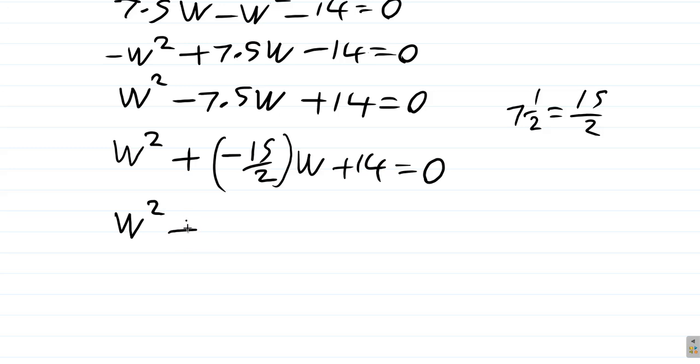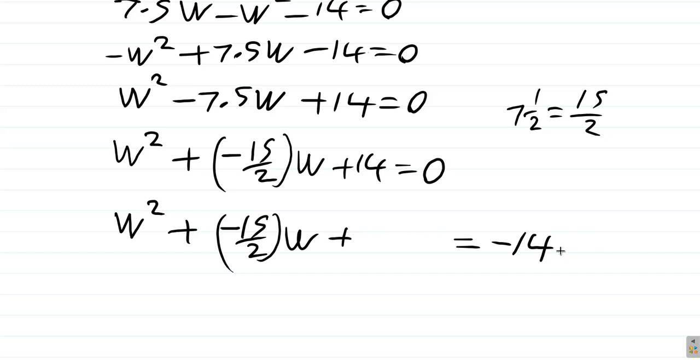W squared plus negative 15 over 2 W equals, I had said add 14 to both sides. I should say subtract 14 from both sides. Minus 14 equals negative 14, right? Now, to form a complete square, we're going to add something here.